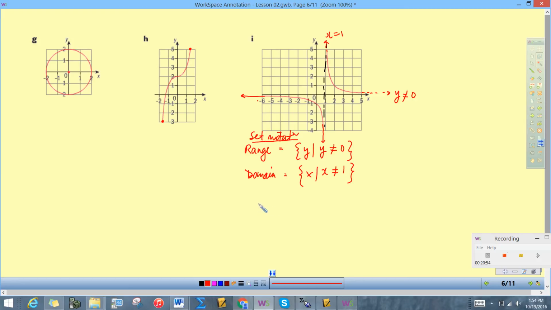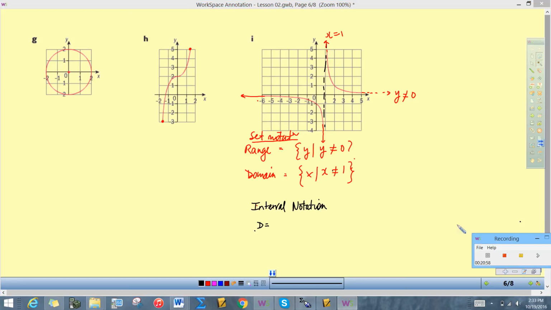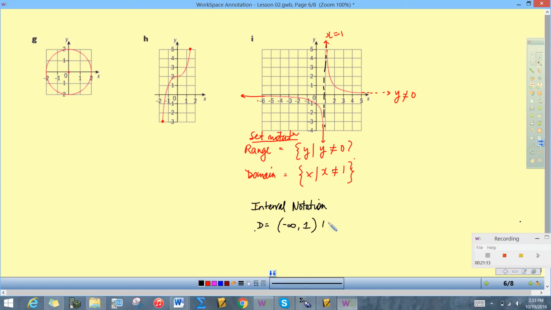If we do this in interval notation, the domain is going to go from negative infinity, not included, all the way to 1, again not included, and then union from 1, not included, all the way to infinity.